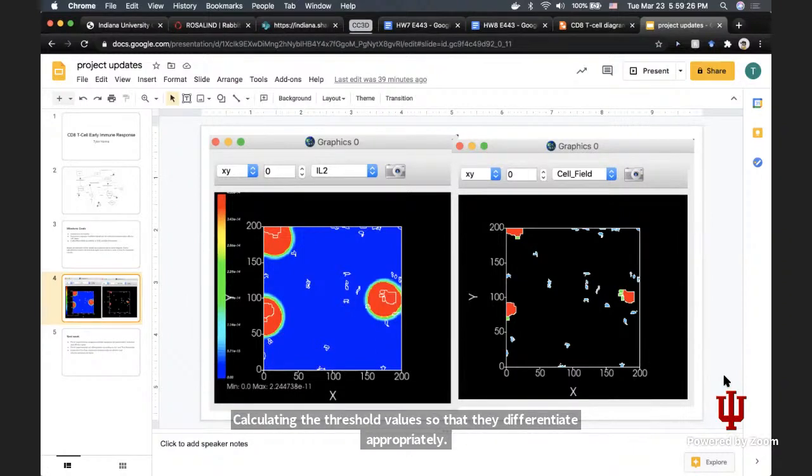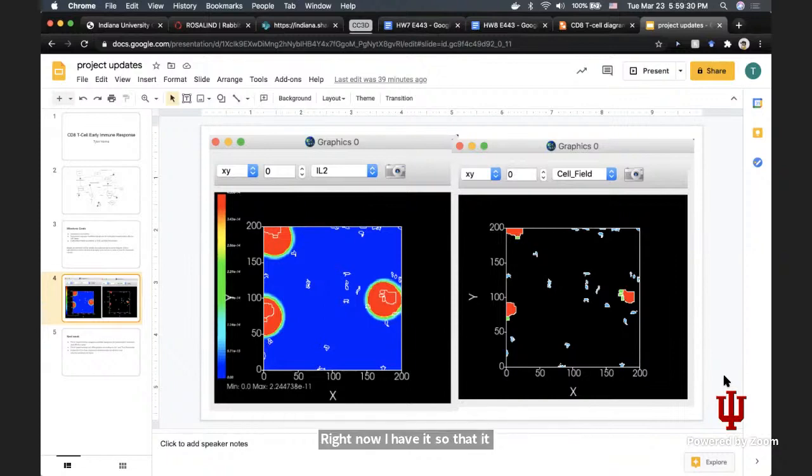Right now I have it in fragments. And when all of it is activated, my naive cells for some reason die immediately, or they immediately turn into effector cells, which is something I need to work on. But every element can be seen in my model right now.